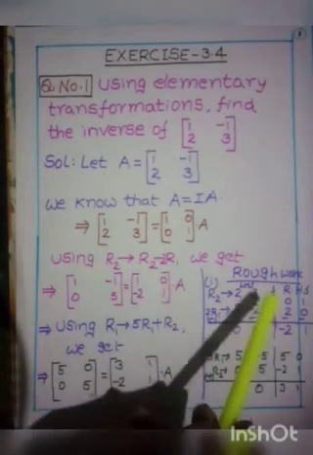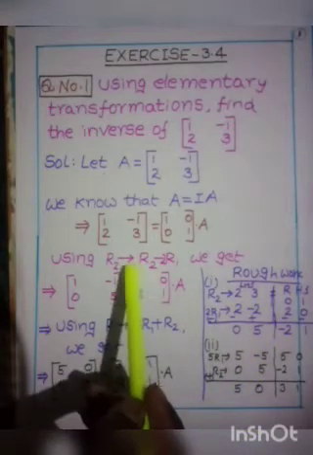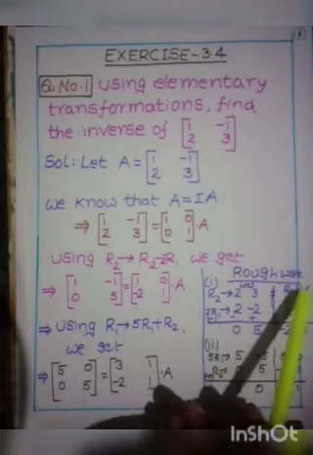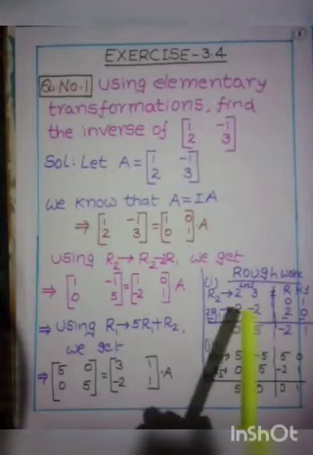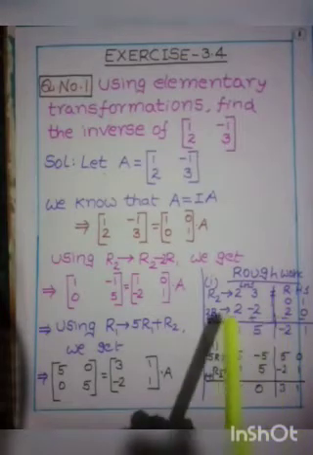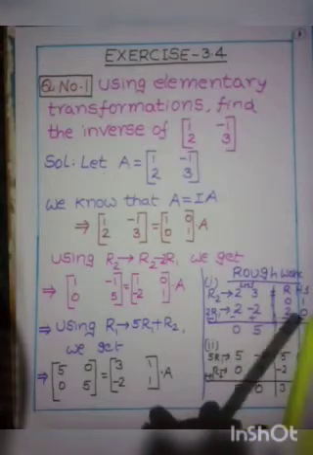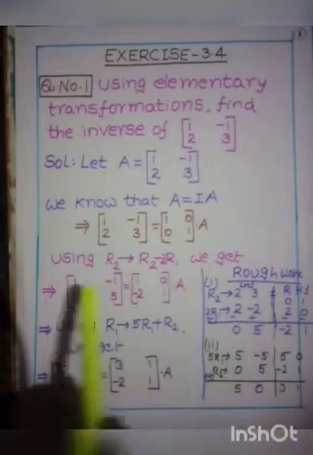R2, I am writing here rough work. What is the first term after the arrow symbol? R2. So here LHS, I wrote here RHS. To understand this step well, I wrote this rough work. In LHS, I write matrix elements, two elements. In RHS also, I will write two elements.